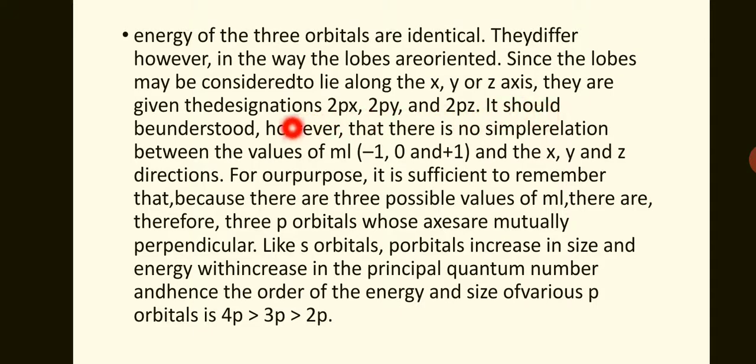It should be understood, however, that there is no simple relation between these and the values of the magnetic quantum number. That means for 2px the magnetic quantum number is -1, for 2py it will be 0, and for 2pz it will be +1.